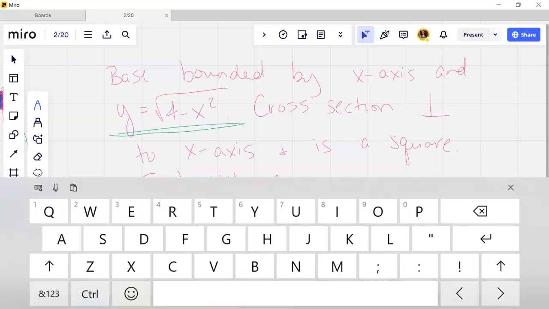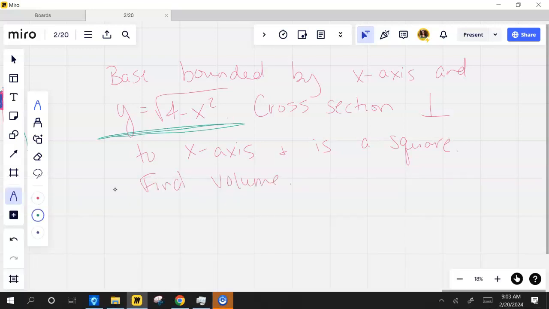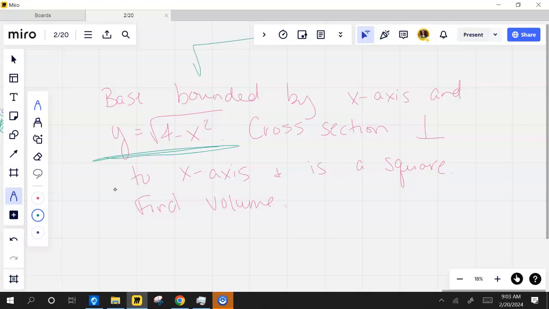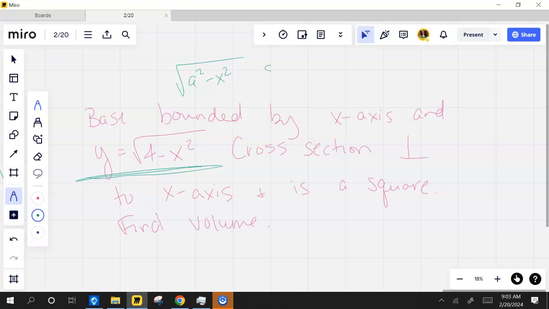What does this look like when you graph it? It's a semicircle, actually. And this is pretty common. This is a semicircle with a radius of A. Okay, every time you see that, that's what that is.